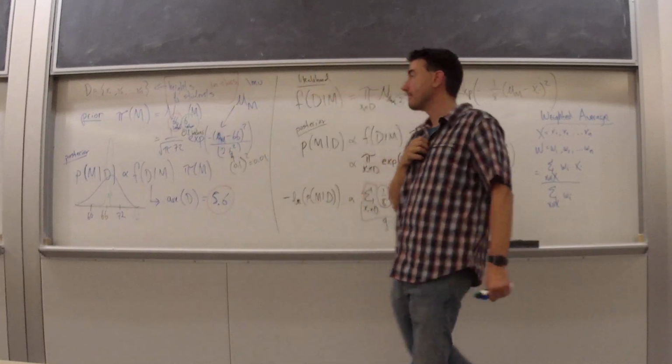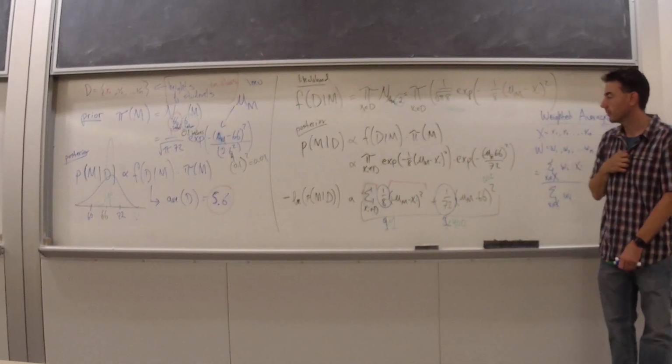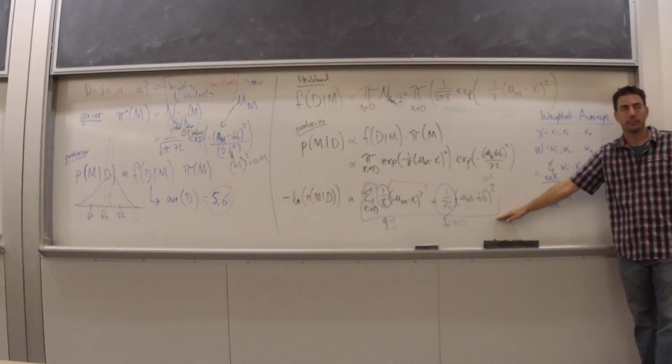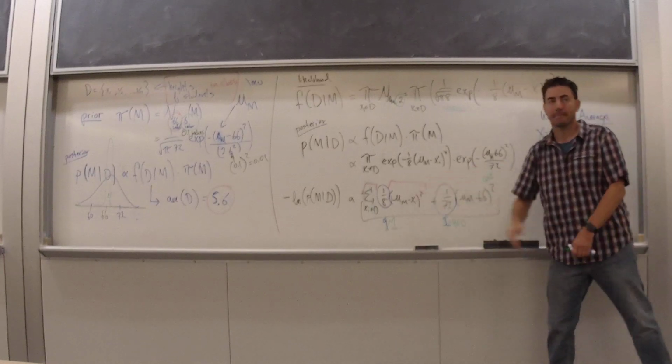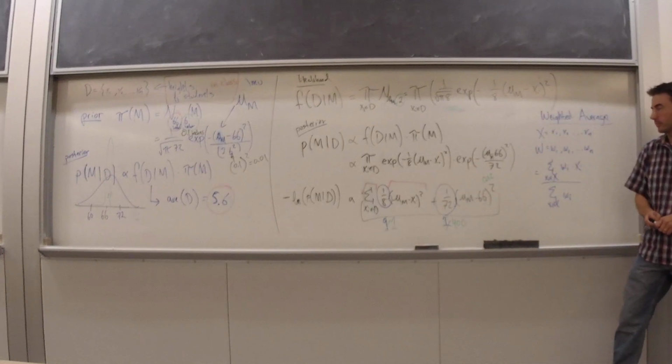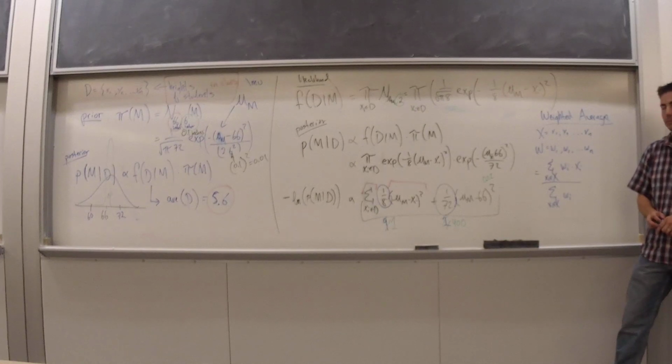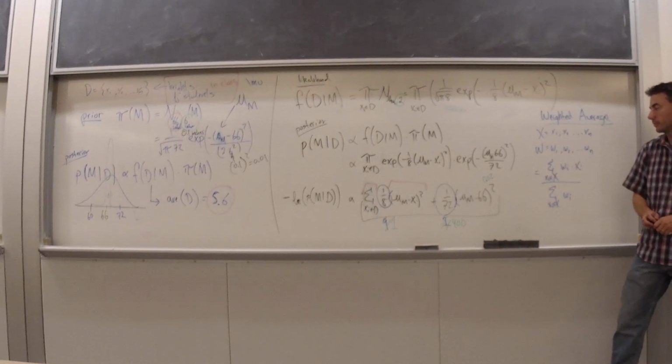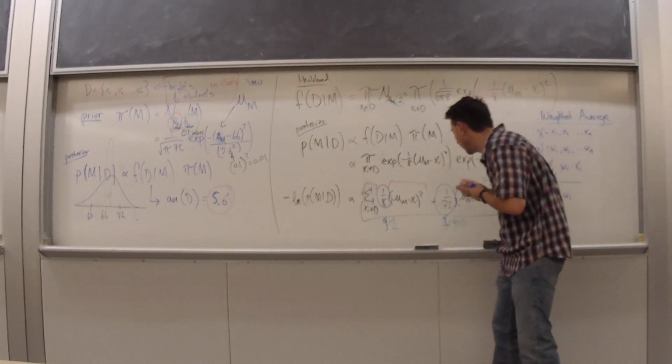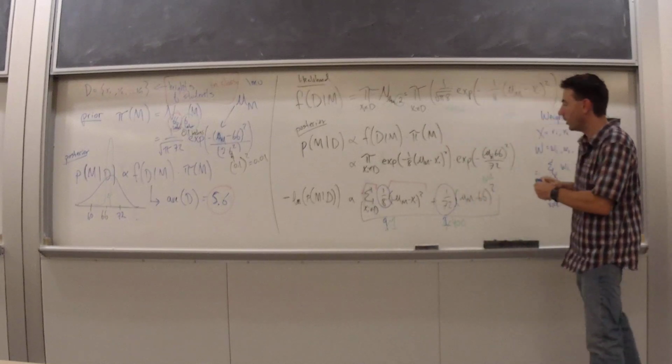So this equation you've got at the bottom here, this negative natural log thing. The other side of the proportionality, are both of them... I just didn't know if it broke off. Oh, okay, good.